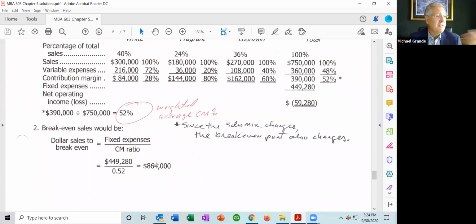Fixed expenses divided by the weighted average contribution margin gives $864,000 as the break-even point, which makes sense, right? Because they're losing $59,280 at $750,000, total sales have to go up so they break even and get to zero.